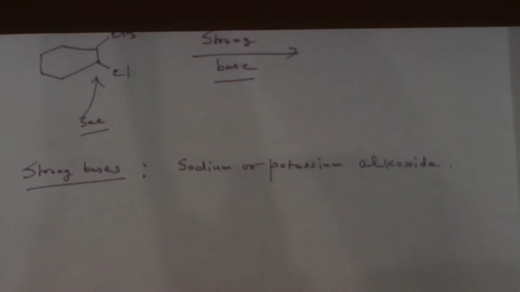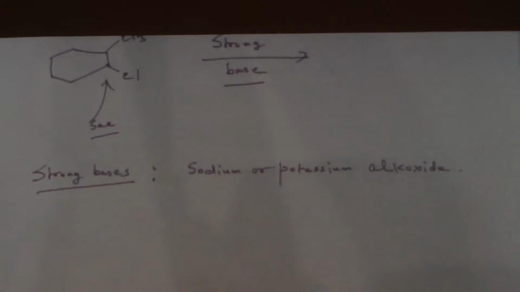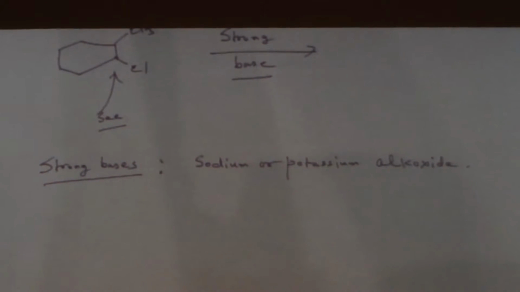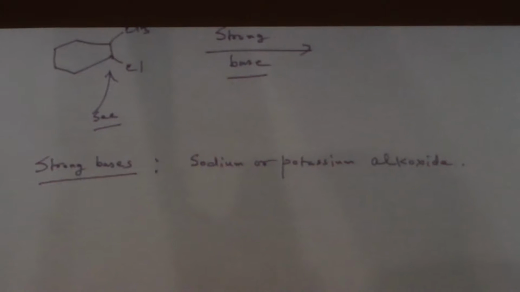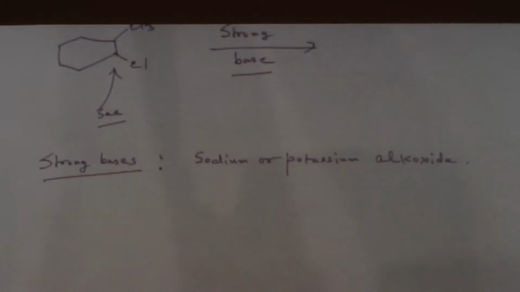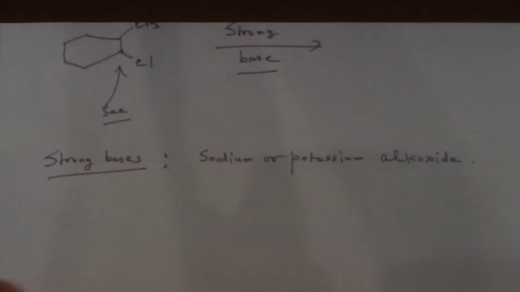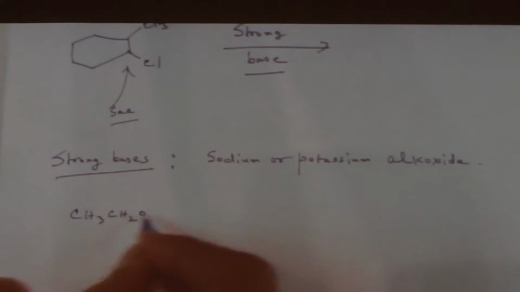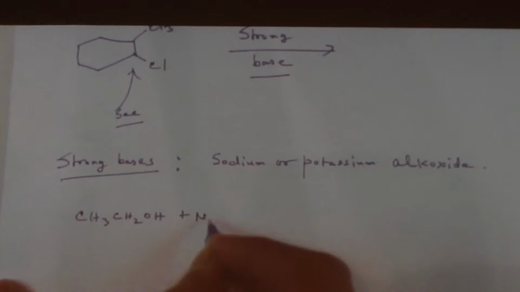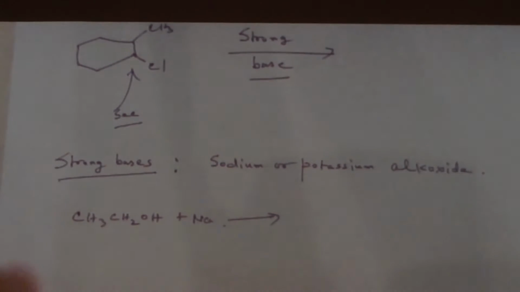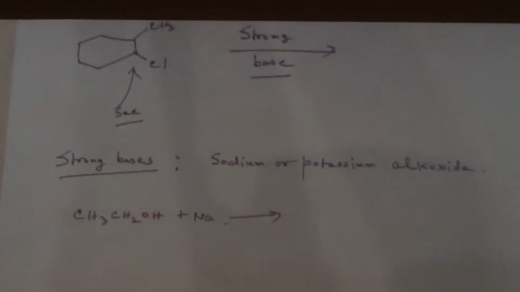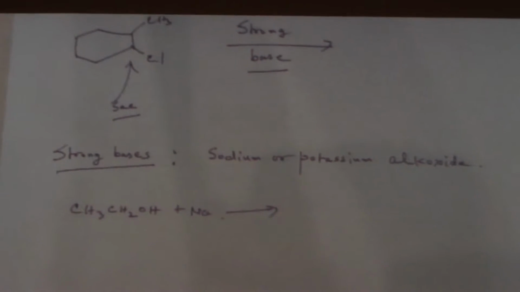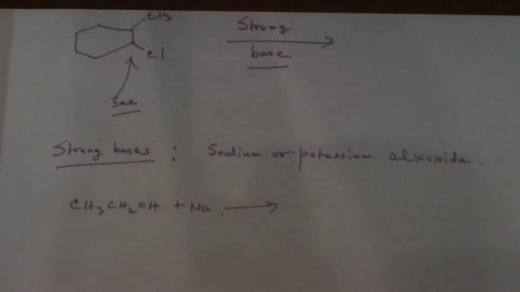Typically, an alcohol, when it's treated with one of the alkali metals, like sodium or potassium in general, would essentially form a sodium alkoxide. So, in other words, what we normally do is, let's take ethanol, CH3CH2OH, and drop some sodium metal directly onto that. And immediately you are going to see a very rapid bubbling of hydrogen that is escaping.